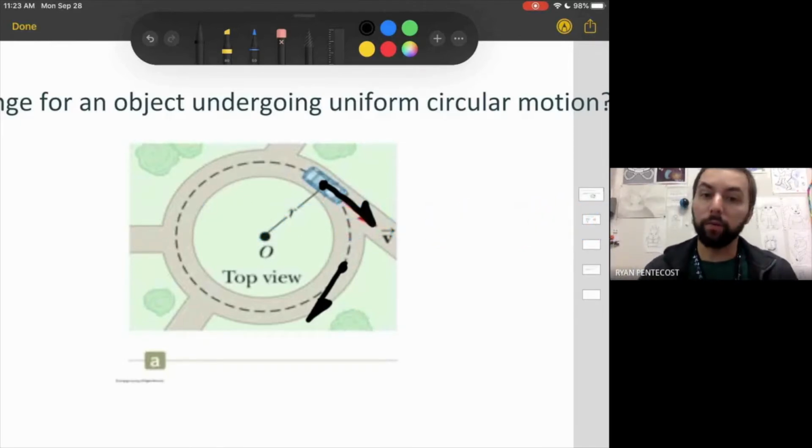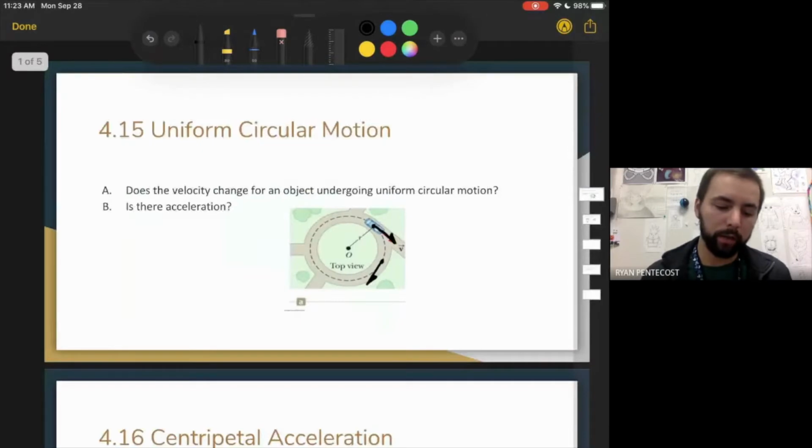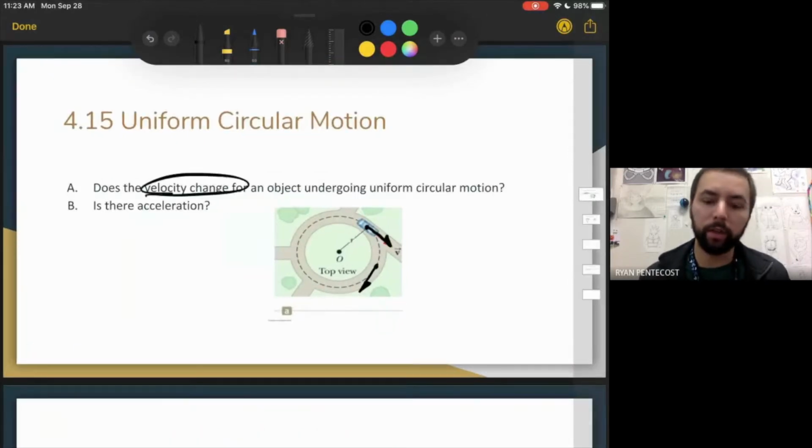So if the direction changes, that is a velocity change, right? So yes, the velocity does change if we have uniform circular motion. It may not change its speed, but if it changes direction, that means that the velocity changes. And now an even more important question, is there acceleration?